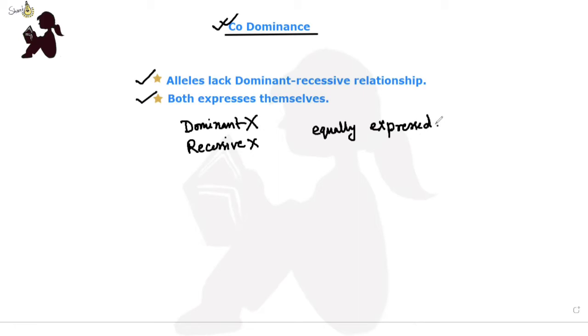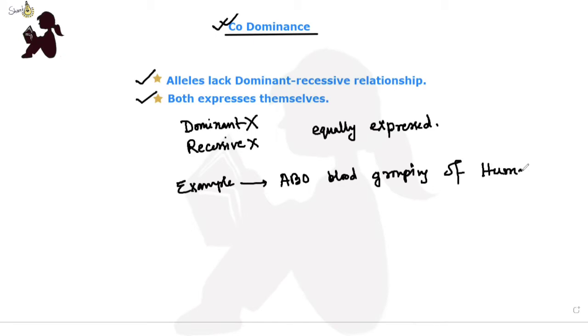The example of codominance is the ABO blood grouping in humans.